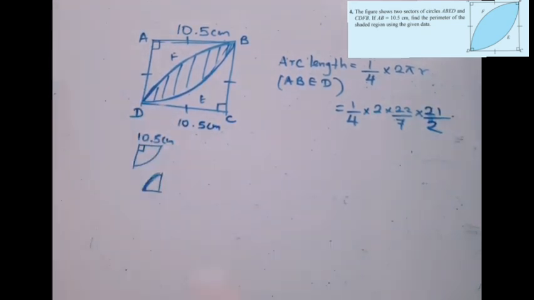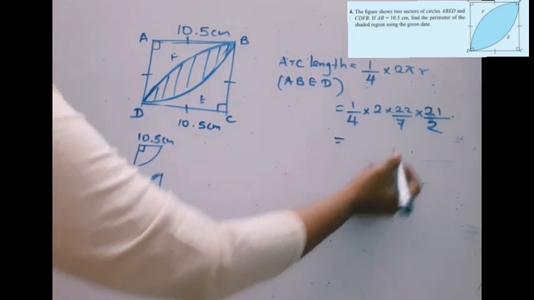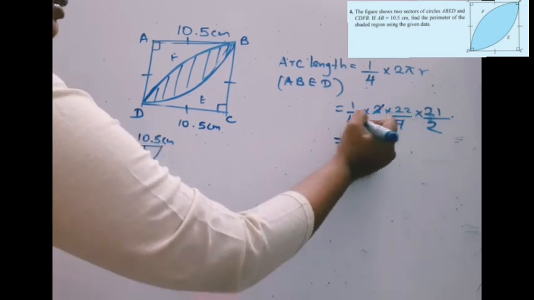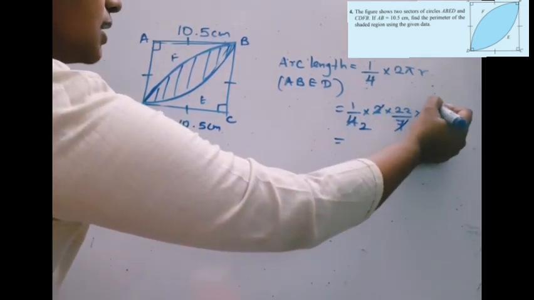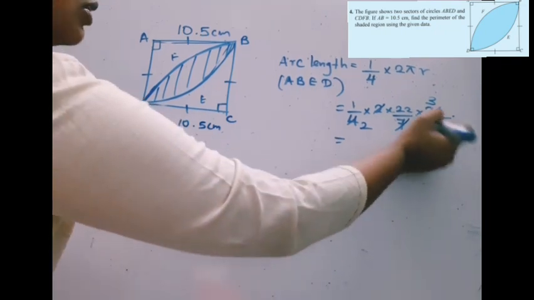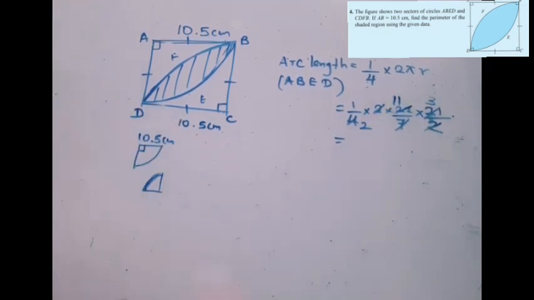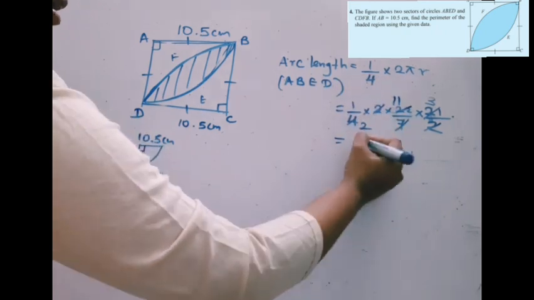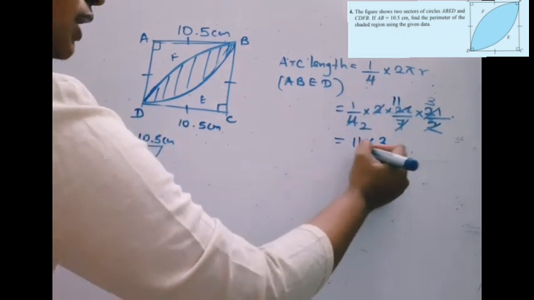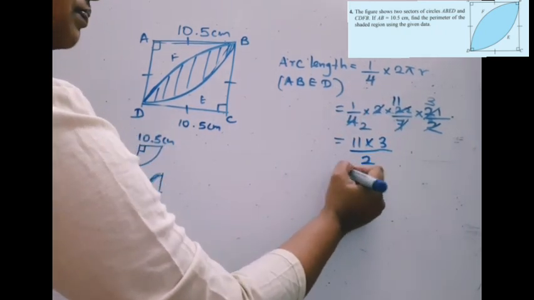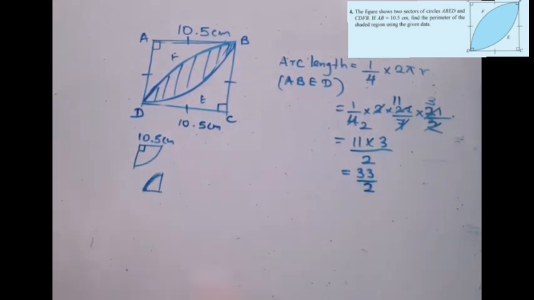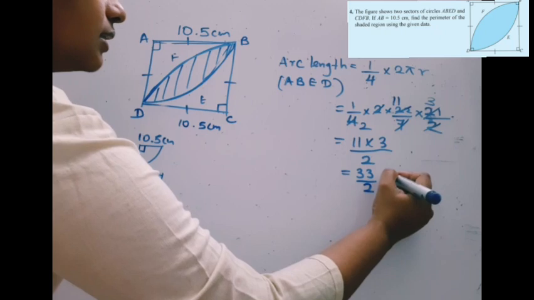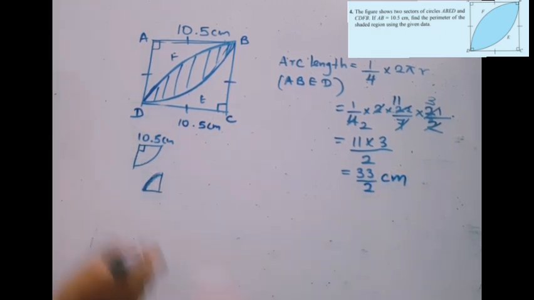Why? 21 divided by 2 is 10.5. So it's easy to cancel the number 7. So 2 times 2 is 4, 7 times 3 is 21, 2 times 11 is 22. So the numbers on top are 11 into 3 by 2, which is 33 divided by 2 centimeters.